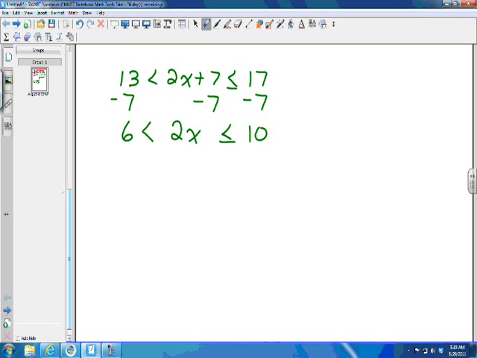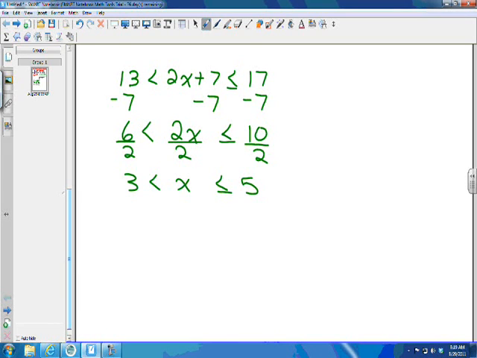Is our x by itself in the middle? So what do we need to do? Divide by 2. And again, you do that on all 3 sides. So we would have 3 is less than x is less than or equal to 5.